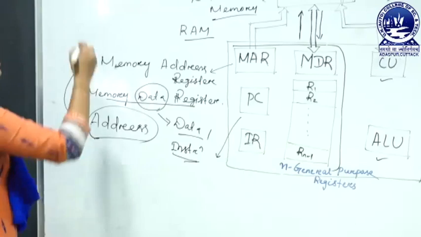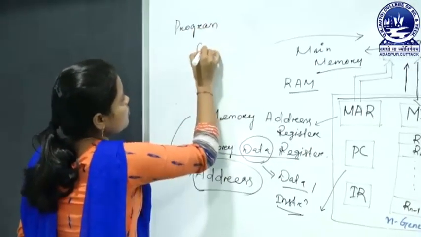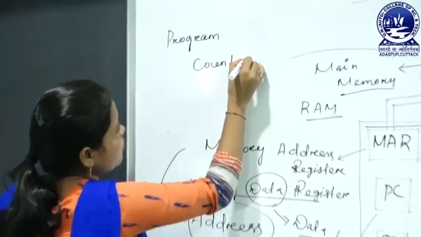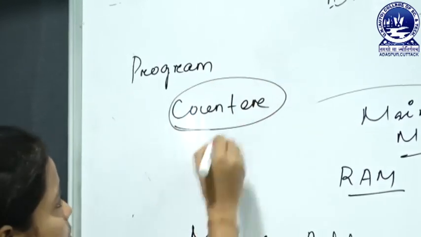Then the next one is our PC. PC stands for program counter. What will it count?